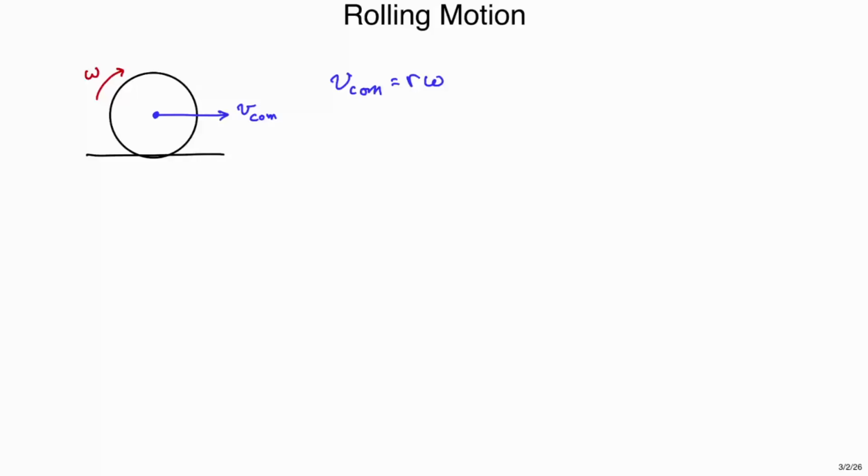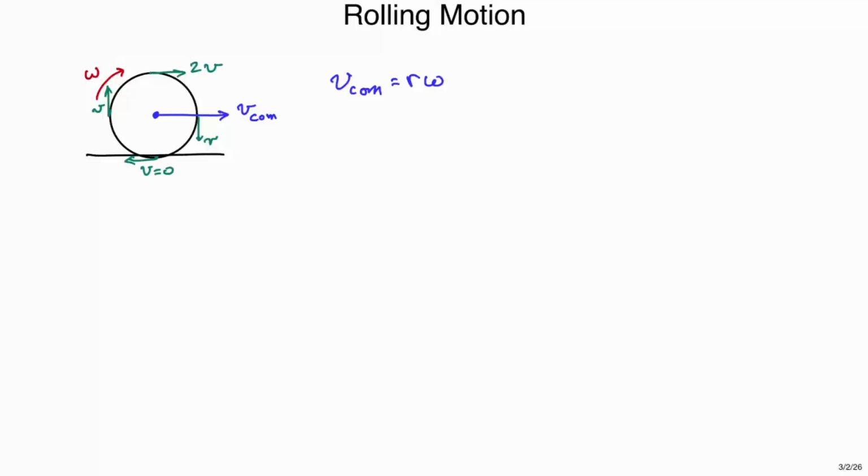So that means that on the wheel, this side is moving at V, this side is moving at V, the top is moving at 2V, and the bottom, because it's got tangential right there, is 0.